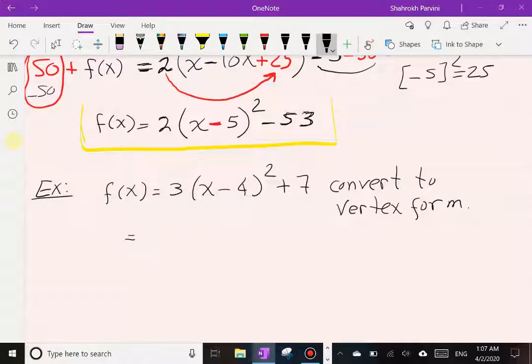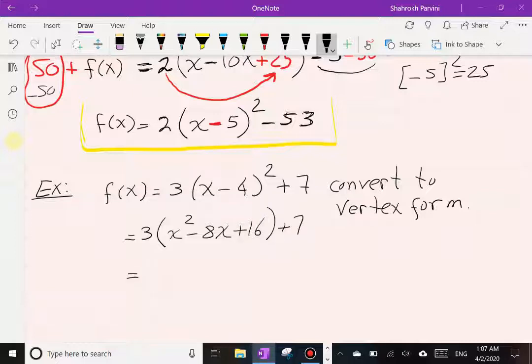All you have to do is first expand the binomial. So you go x squared, negative twice first by second, that's negative 2 times 4 times x, plus negative 4 squared, which is 16, plus 7.